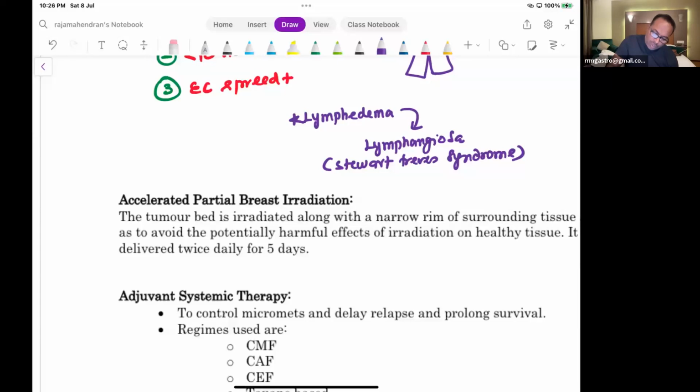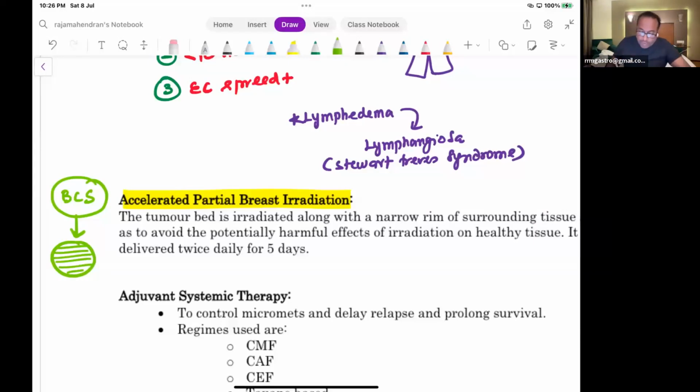And there is one more new model of radiotherapy given now, that is partial breast radiation. Instead of giving radiotherapy to the full breast following a breast conservative surgery, as I told you, I should give radiotherapy to the remaining breast. Instead of giving it over the whole breast, this says give only around the operative area.